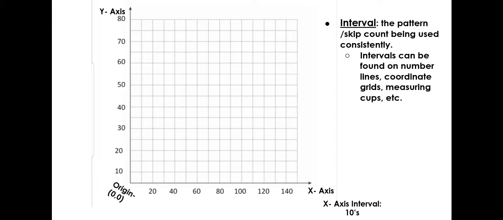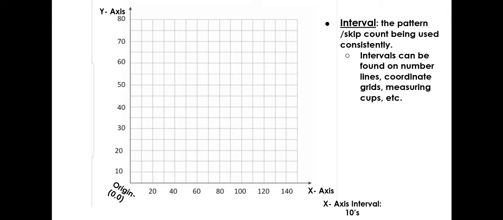Now looking at my y-axis, it could have a different interval. So from my origin, 0, I go up to 10. Then we skip 1 and go to 20. So at first, I thought it was just going up by tens, but since I noticed there's a line in the middle of 10 and 20, I need to figure out what that would be. So halfway between 10 and 20 would be 15.